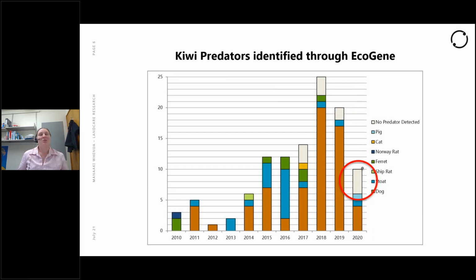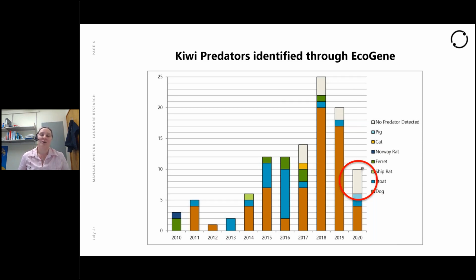So as you'd expect, because we know it's a problem for all of our native and endemic flora and fauna, kiwi are under threat by mammalian predators. Dogs are a major problem for them, but they also fall prey to all sorts of other mammalian predators like ferrets, stoats, cats, even pigs and rats.